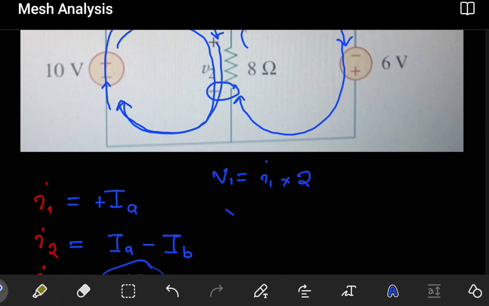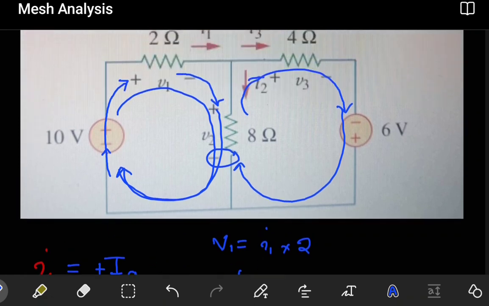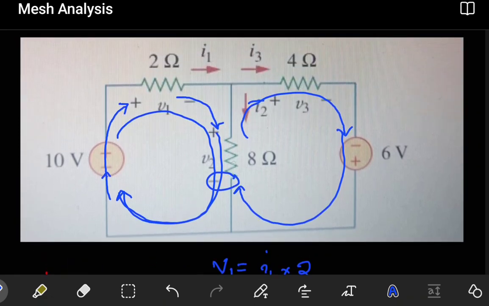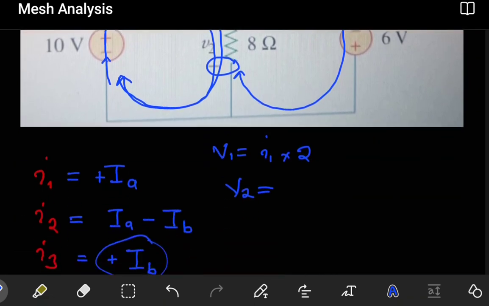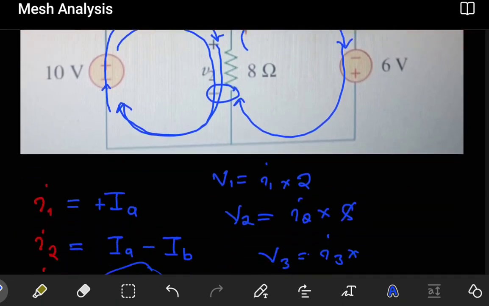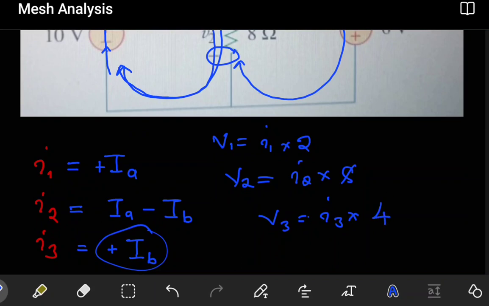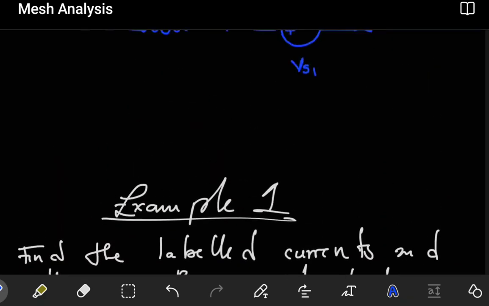V2 will be equal to the value we found for I2 times the resistance there, which is 8 ohms. And finally, V3 will be equal to I3 times the resistance there, which is 4 ohms. You can do this very quickly, and you're going to find the expected answers. So this is how you go about this problem.